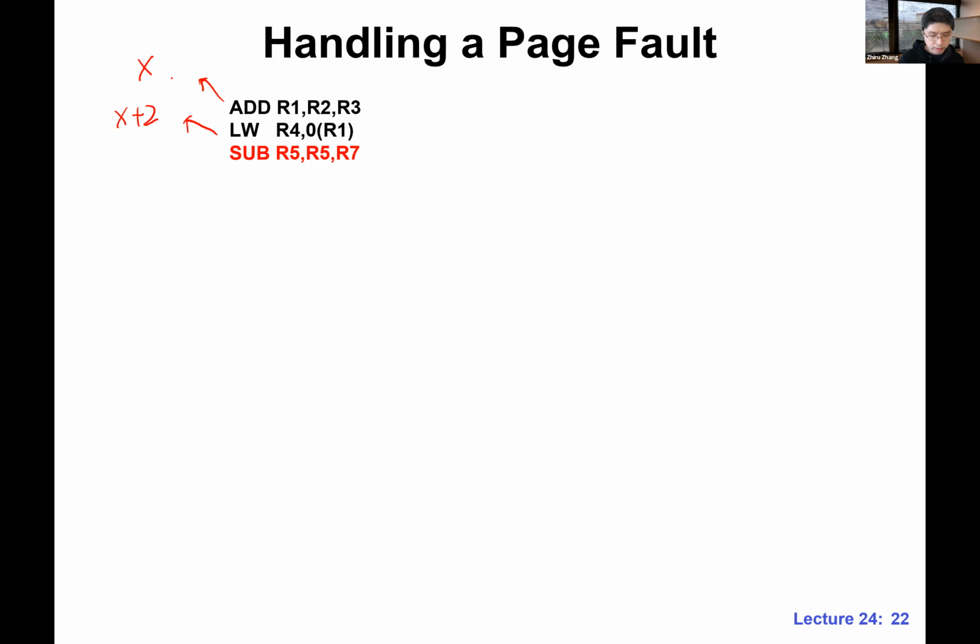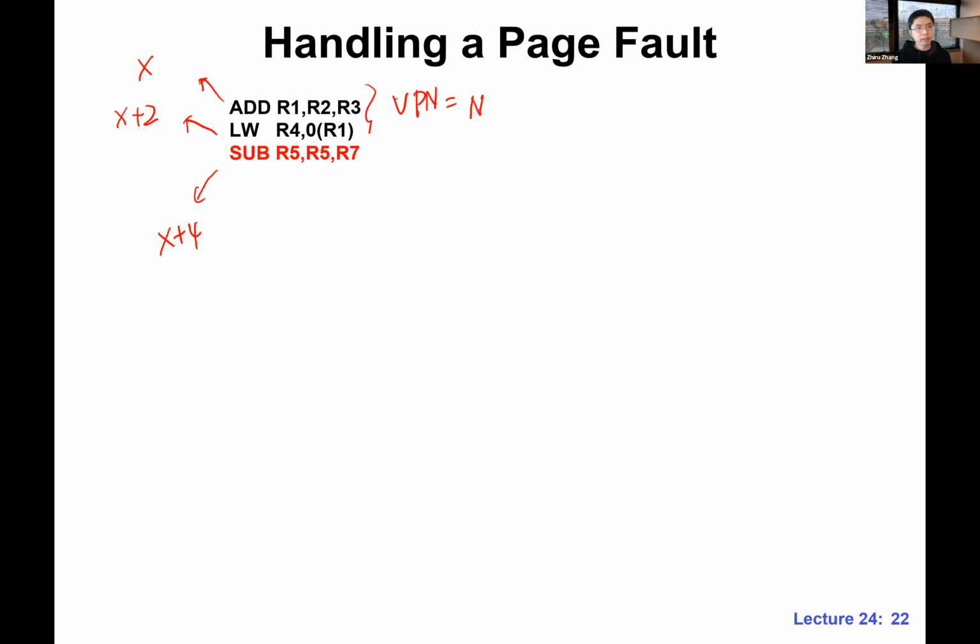And what about the next one? This one is X plus 4, of course. But these are the virtual addresses. If you look at the corresponding VPN, let's say these two instructions are on VPN, let's say N. What about the sub instruction?